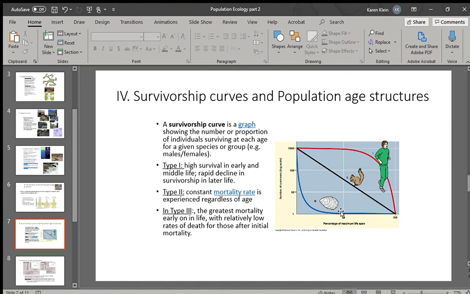And so one of the strategies, recognizing that sea turtles are a type 3 species, all the populations of sea turtles exhibit a type 3 survivorship curve, is that there are conservation efforts where they monitor the nests, and once the turtles hatch, they take them to a guarded facility and hold them for a few years until they get to be between the size of a bread plate and a dinner plate, and then they release them into the ocean.